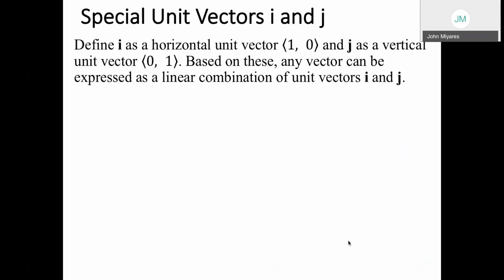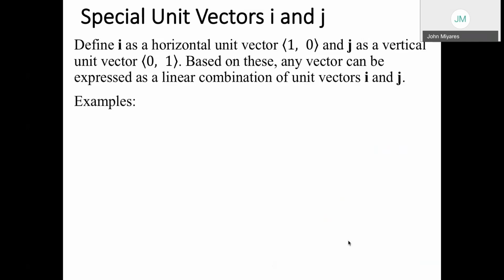Vector j will be a vertical unit vector. So its components are going to be ⟨0, 1⟩. Based on these, any vector can be expressed as a linear combination of unit vectors i and j.